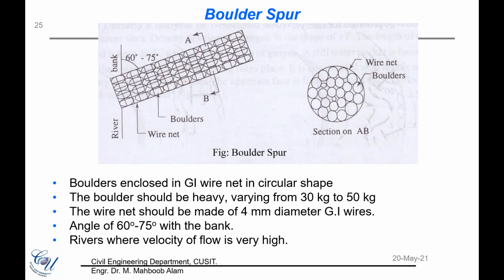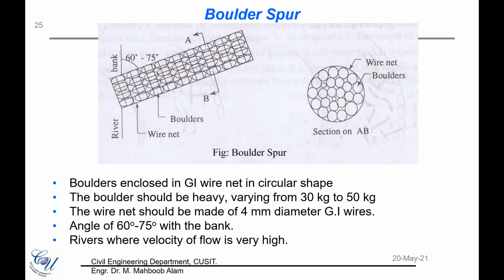The boulder spurs, on the other hand, are mostly seen in Pakistan, in the areas that we usually observe in KP. For example, in the northern areas, if you have the chance to observe the rivers there, you have these spurs, which are basically big boulders enclosed by a kind of GI wire net. They are usually circular in shape.